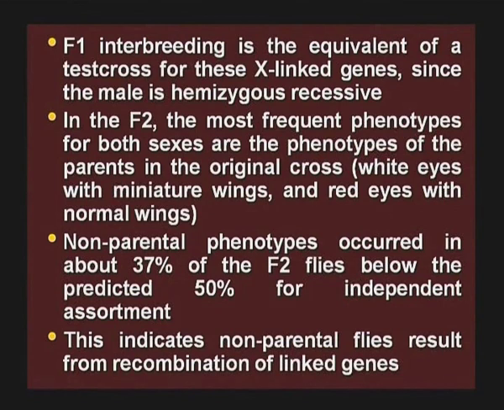In the F2, the most frequent phenotypes for both sexes are the phenotypes of the parents in the original cross: white eyes with miniature wing and red eye with normal wing. Non-parental phenotypes occurred in about 37% of the F2 flies, below the predicted 50% for independent assortment. This indicates non-parental flies result from recombination of linked genes.